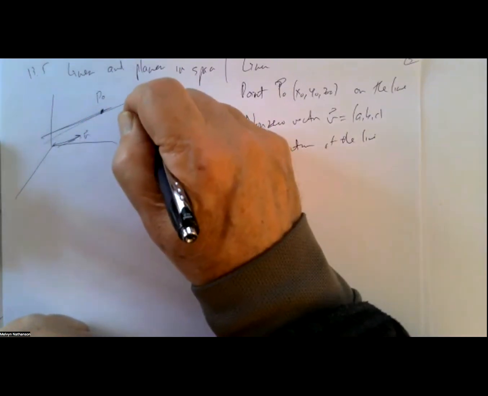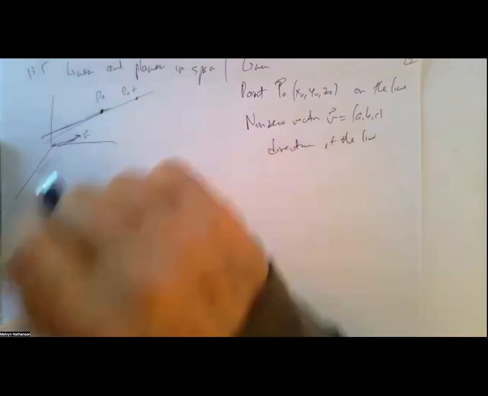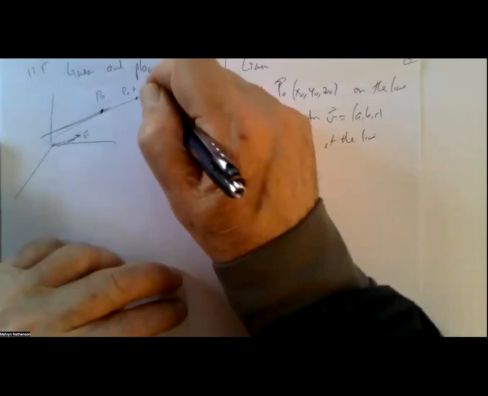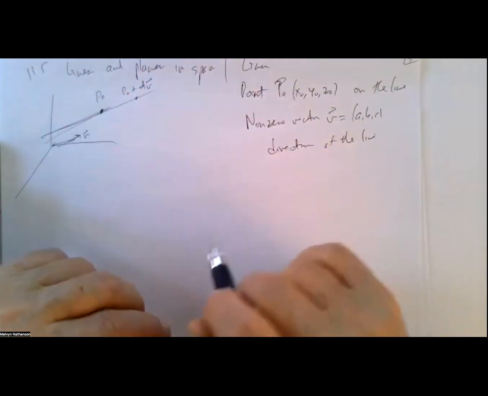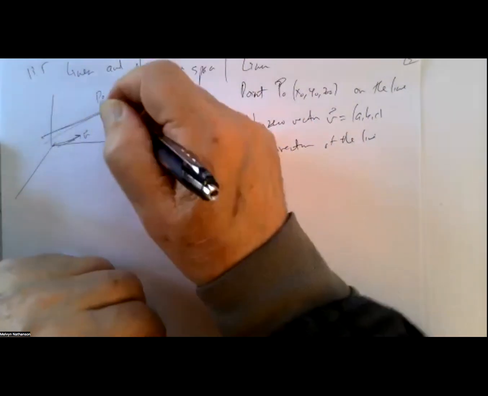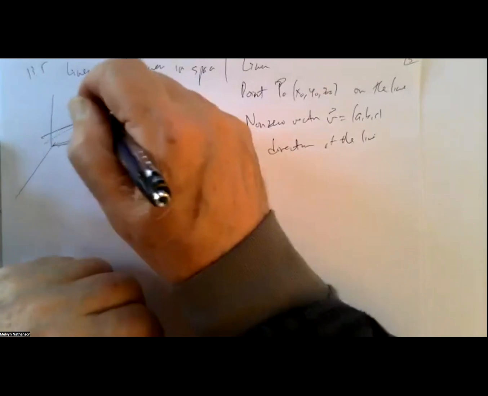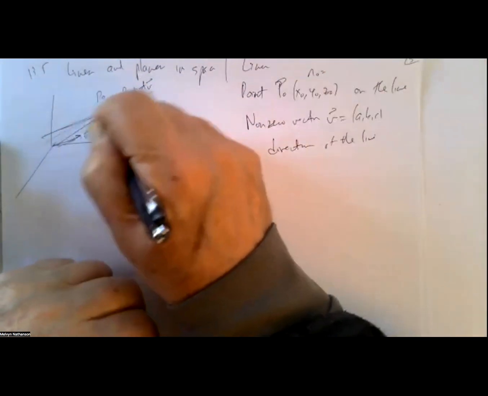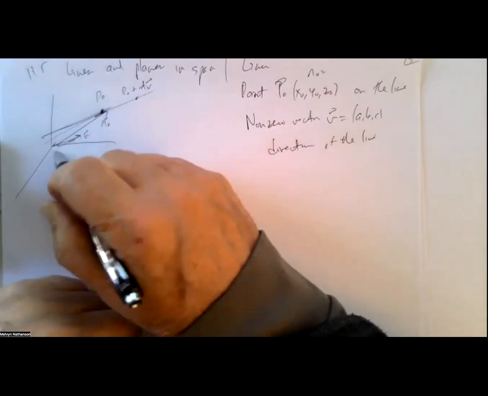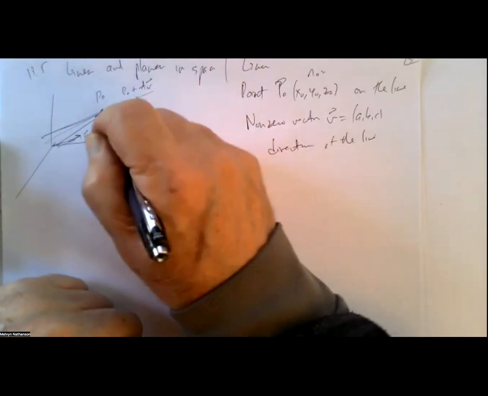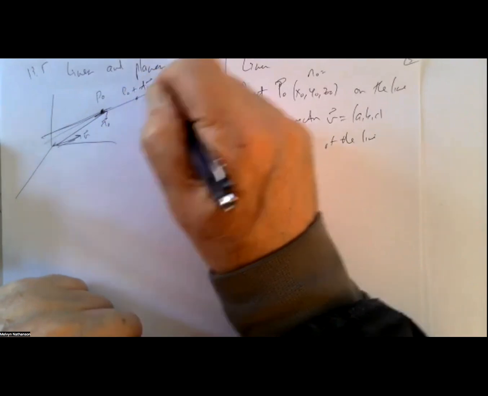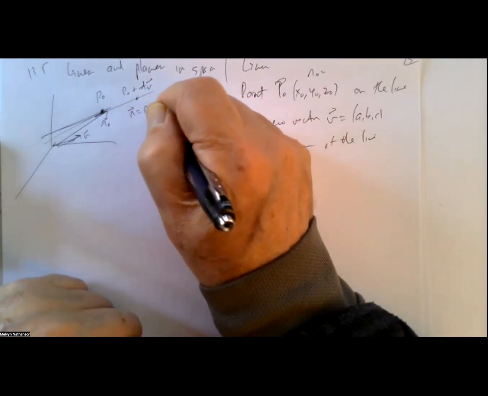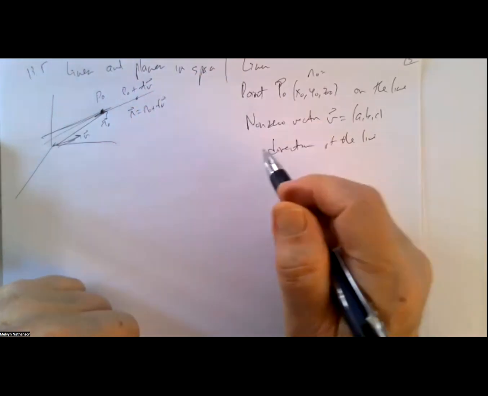So a point on the line will be P naught plus some multiple t times v, or if we call this the vector r naught, the vector from the origin to that point, a point on the line r will be r naught plus t times v.